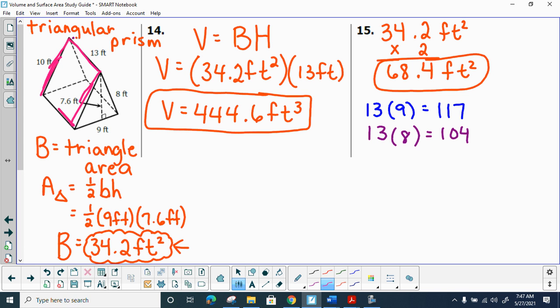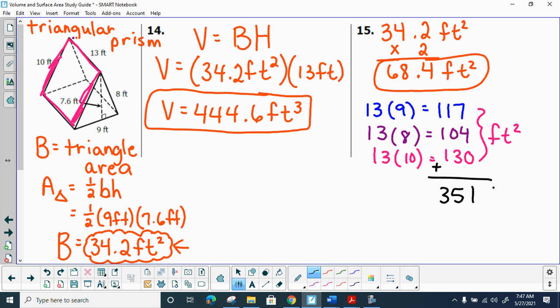I'm having a hard time tracing these lines here. 10 by 13 is 130. And all of those are feet squared. So we'll add those up. And 351 feet squared in our rectangles.